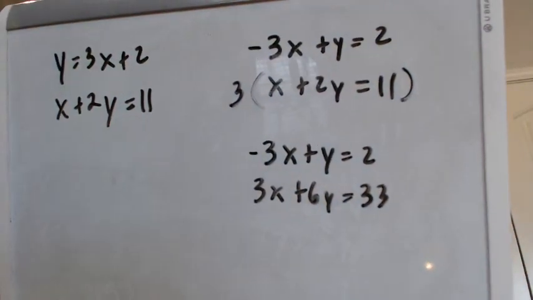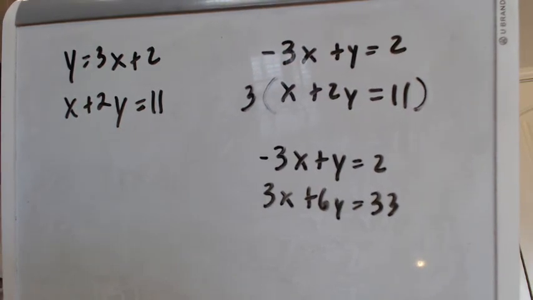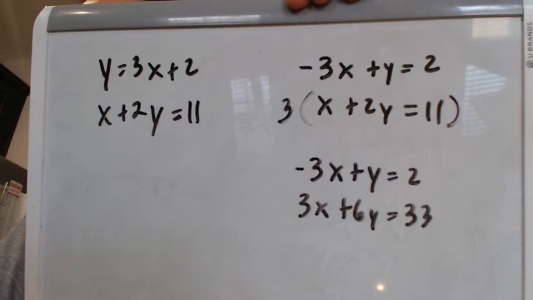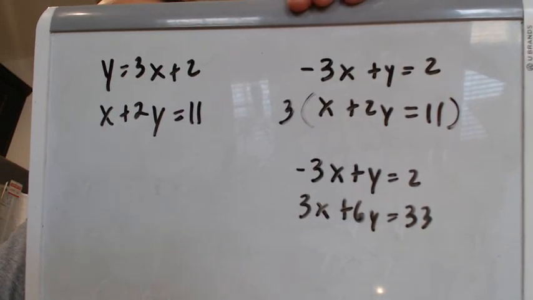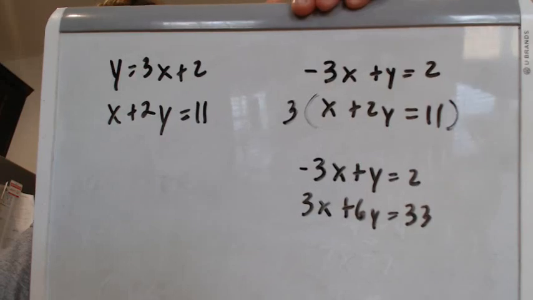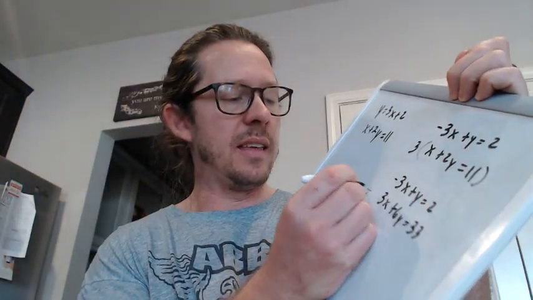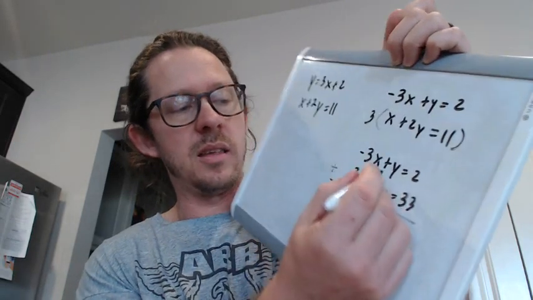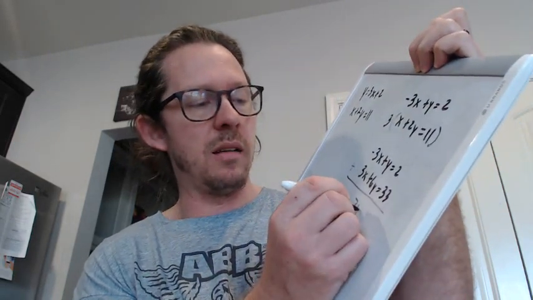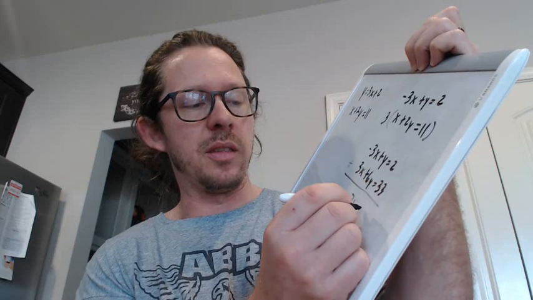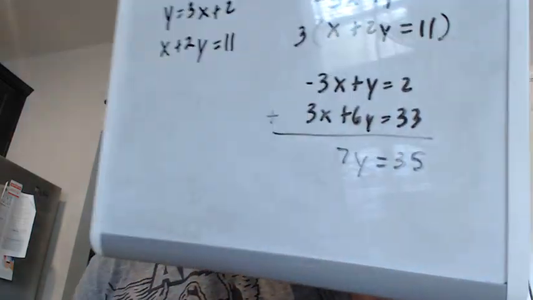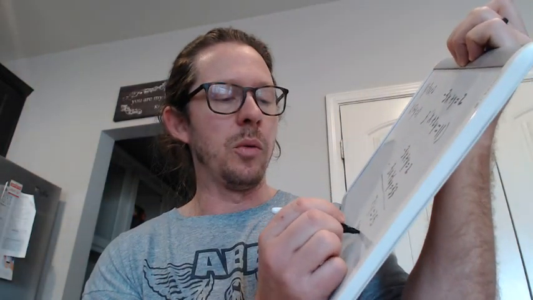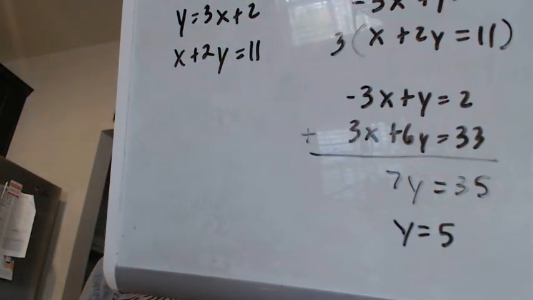I just multiplied the whole bottom equation by a 3, and now what you'll notice is you got a negative 3x and a positive 3x, right? And if you add those together, they just simply go away. So if I just add these two equations together, right, that goes away. 6y plus 1y is 7y, right, equals 33 plus 2 is 35, right? And if 7y equals 35, you divide by 7, you get y equals 5, just like before, right?